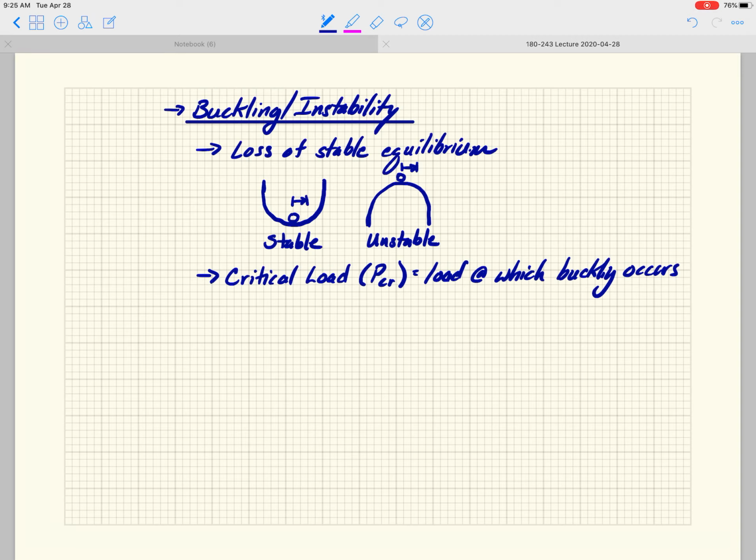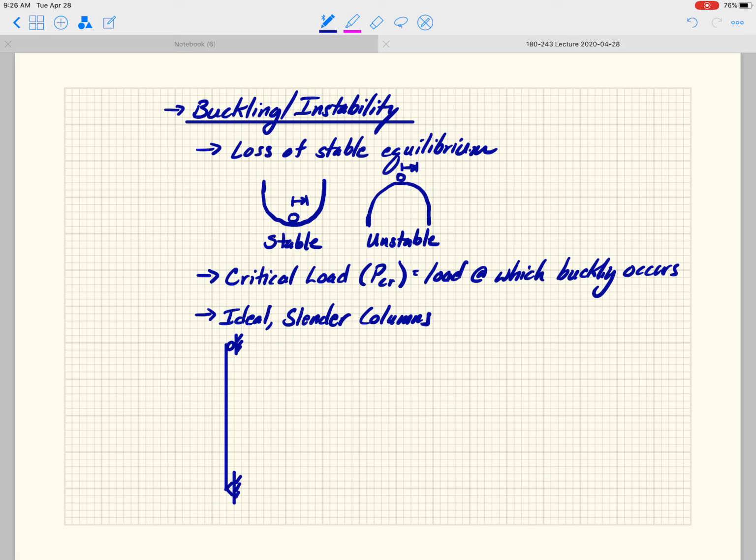All right, so then the caveat is that everything that we're going to do here is for ideal slender columns. There are a number of key assumptions to this, but let me just draw an idealized column here.